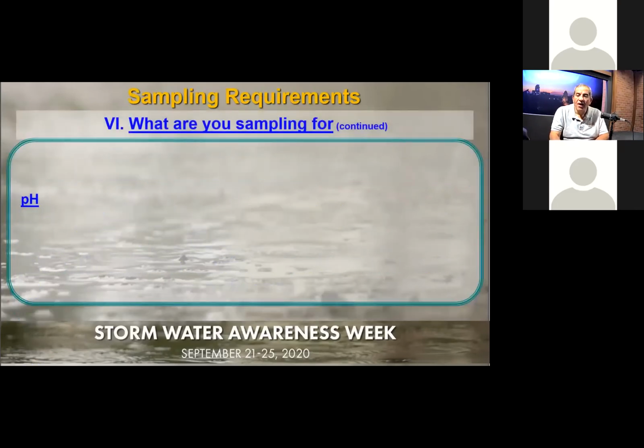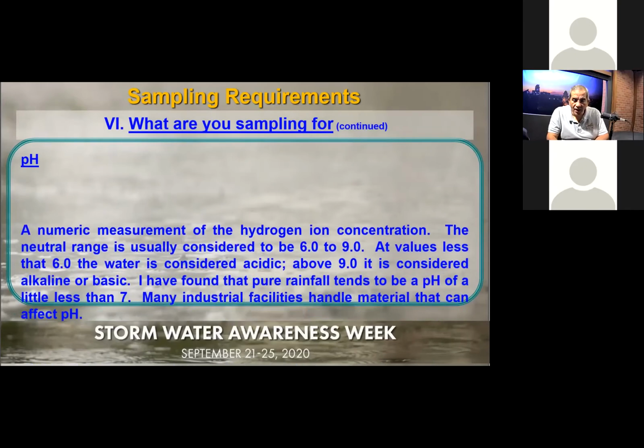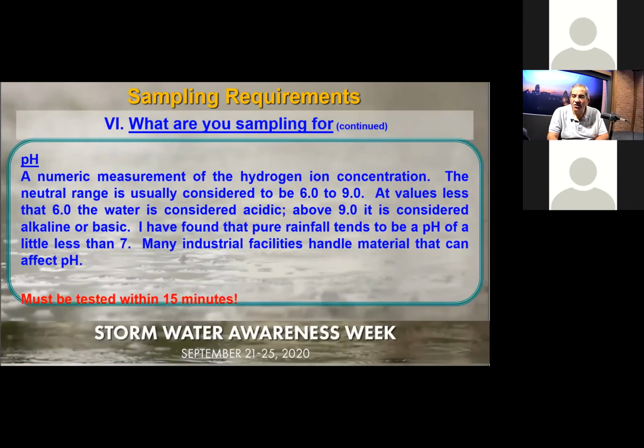First of all, they have to do pH, okay? A numeric measurement of hydrogen ion concentration, the neutral range is usually somewhere between 6 and 9. That's the range they give you, with neutral being closer to 7, okay? Now, one of the things that the Clean Water Act says is basically if they put a standard on a federal level, states are required to meet that standard.